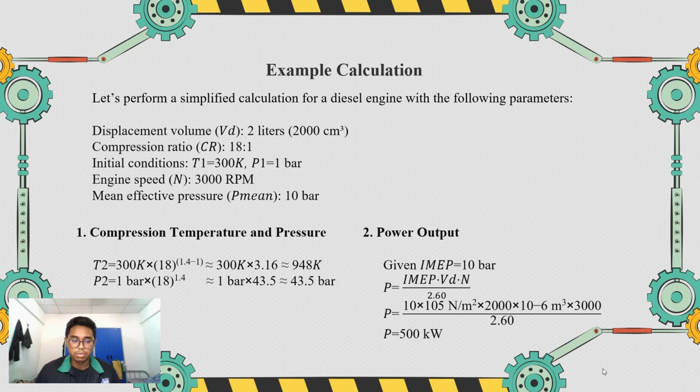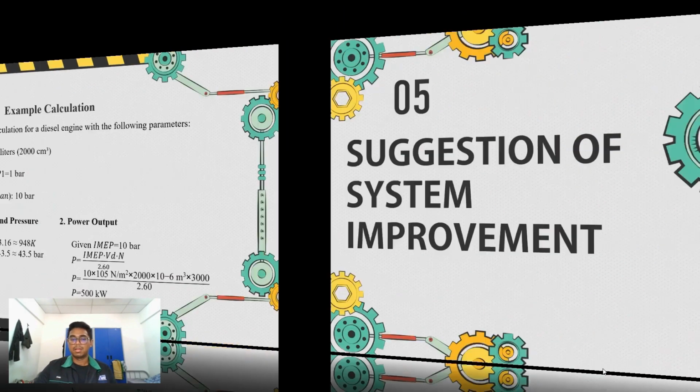We just substitute into the formula, and we get 948 Kelvin for T2 and 43.5 bar for P2. From there we can get the power output. We already have the IMEP, which is 10 bar, and then we just substitute into the formula, and we get 500 kilowatts. So that's all from me.